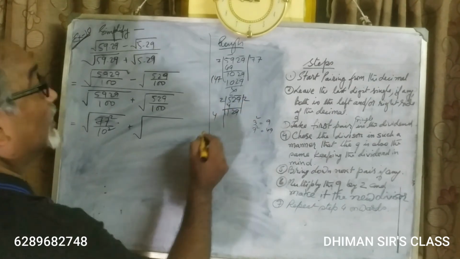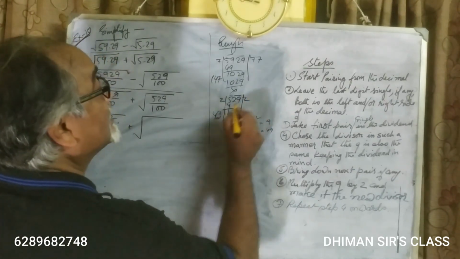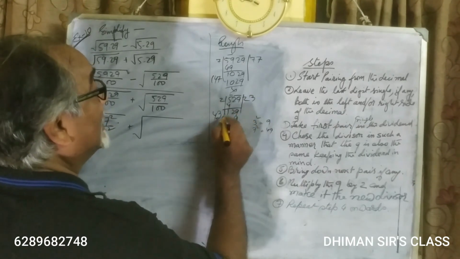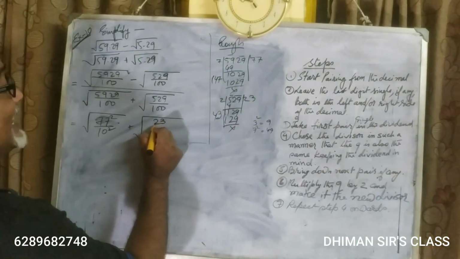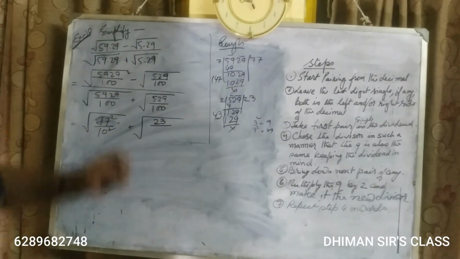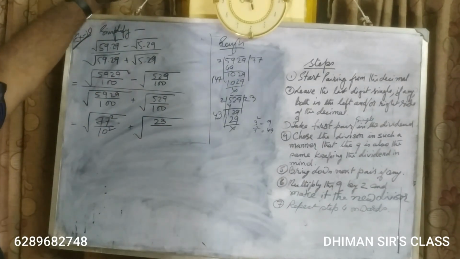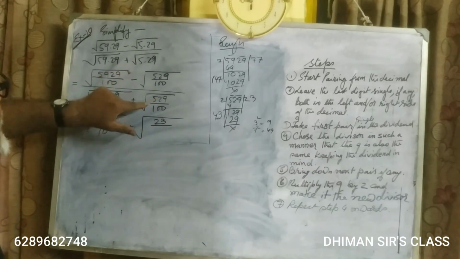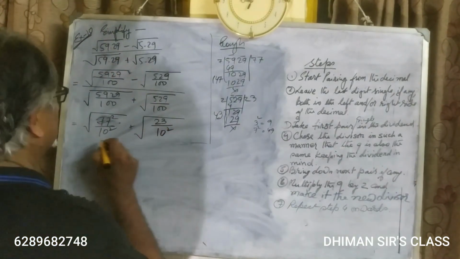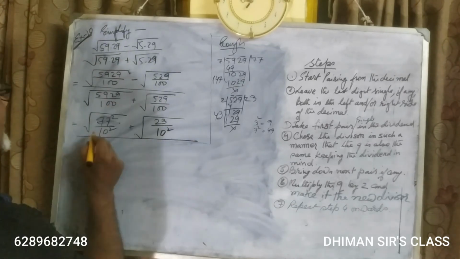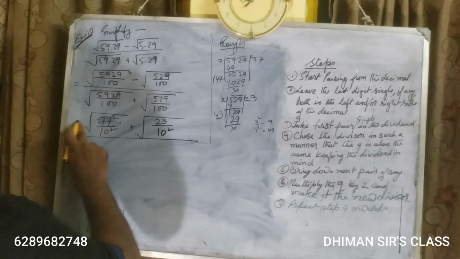Now 2 2s are 4, it will be 3 here, my students, you see 3. 3 3s are 9, 3 4s are 12. So 23. And if you remember the square root table, 23 into 23 is 529.